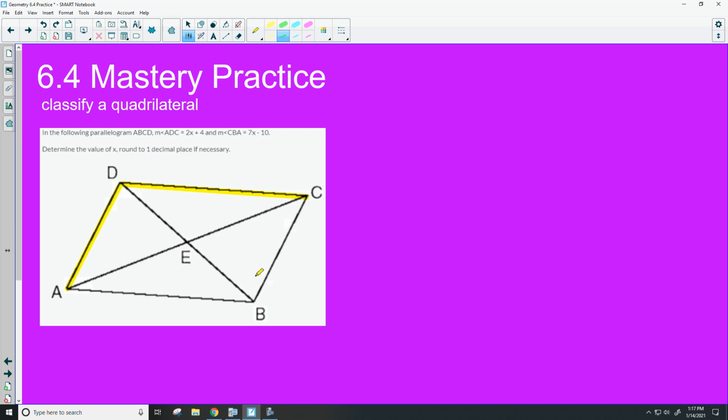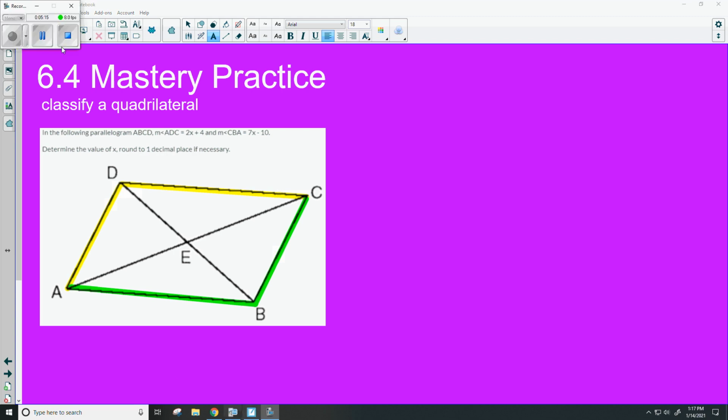So again, it appears that I have two opposite angles, and we know that opposite angles are congruent.